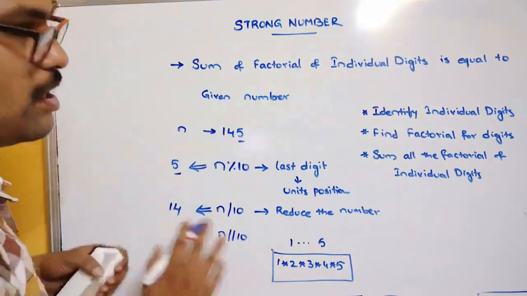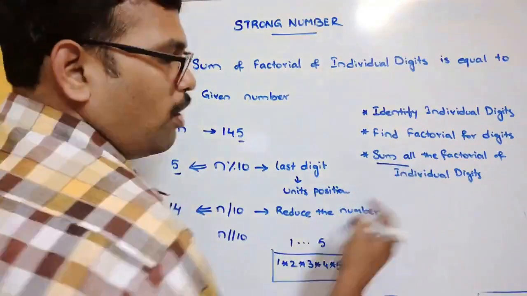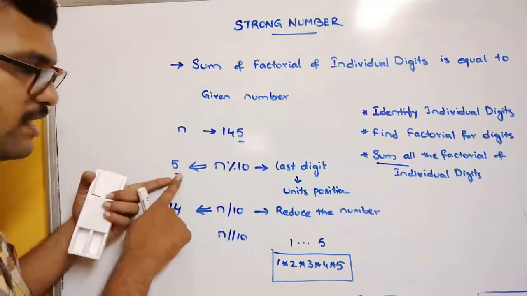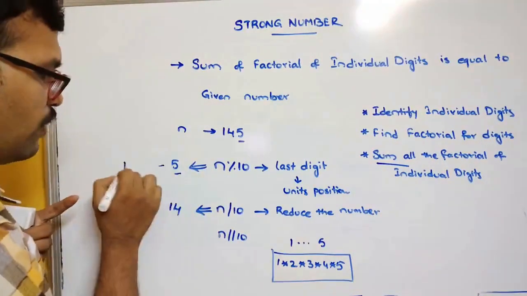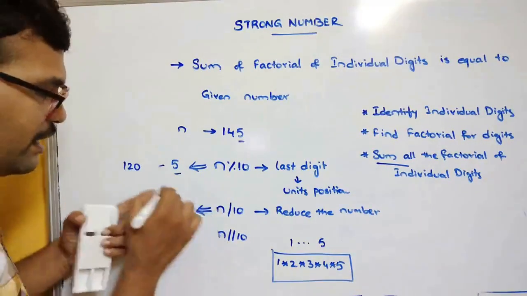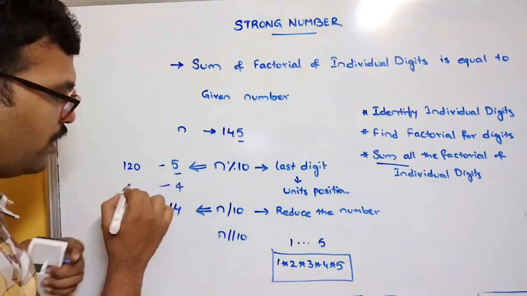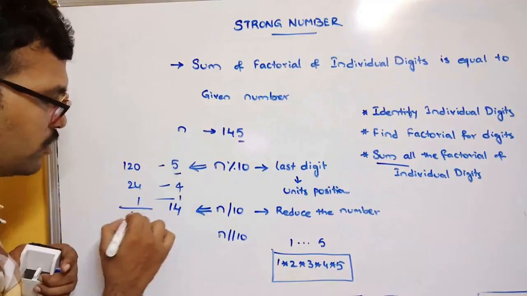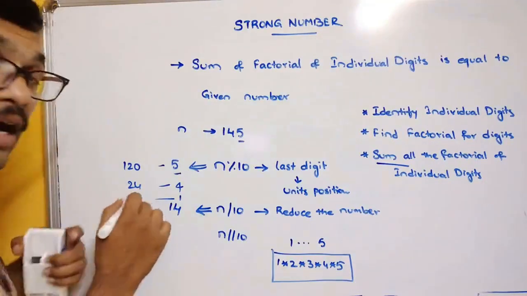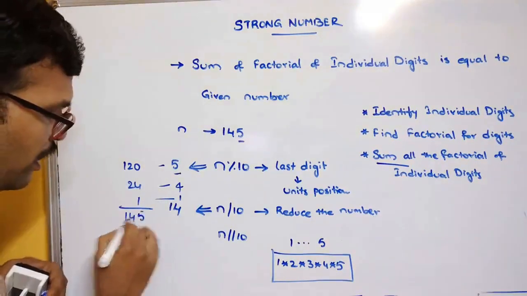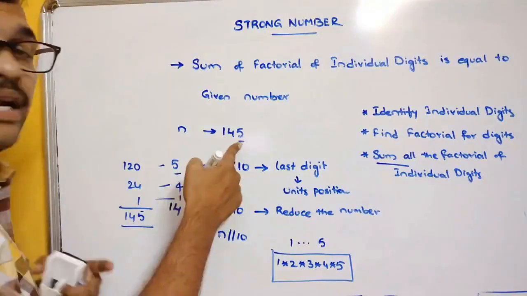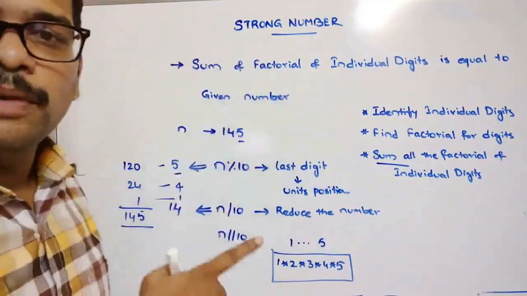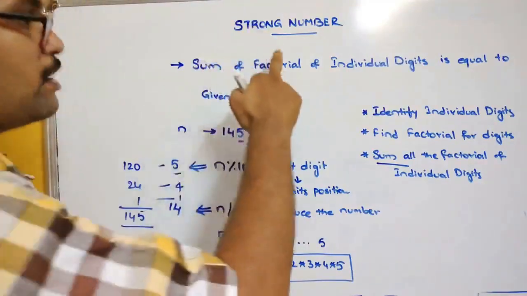After that you need to sum all these factorials. For example, 5 factorial is 120, and in the second iteration we get 4, so 4 factorial is 24, and in the third iteration we get 1, so it will be 1. Directly applying the sum, you will get 145, which is the given number. So this is the logic to find whether the number is a strong number or not.